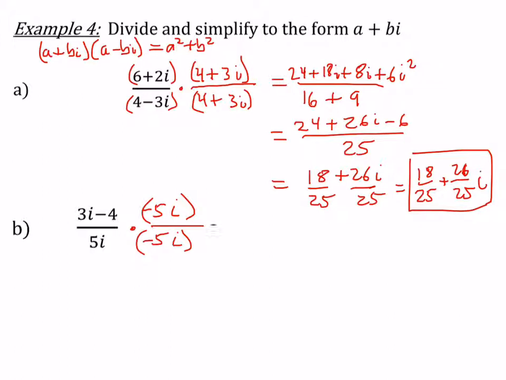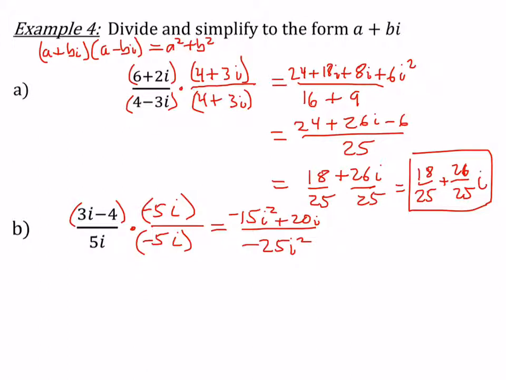So on the bottom we get negative 25i squared. On the top we're going to distribute here. We get negative 15i squared and plus 20i, negative 5 times negative 4.